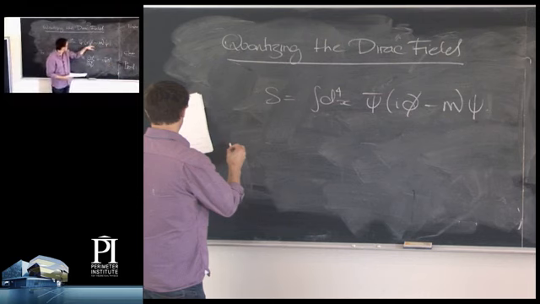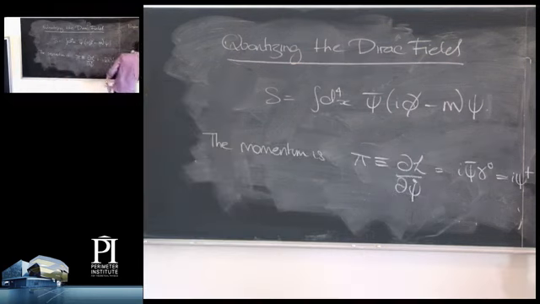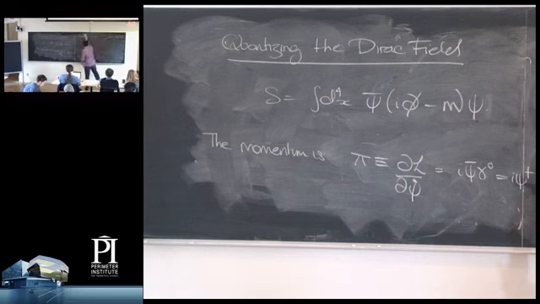Differentiate with respect to psi dot. There's the i, there's a gamma 0 lurking in this D slash, and there's the psi bar. But psi bar gamma 0, we have a name for that. That's just psi dagger.